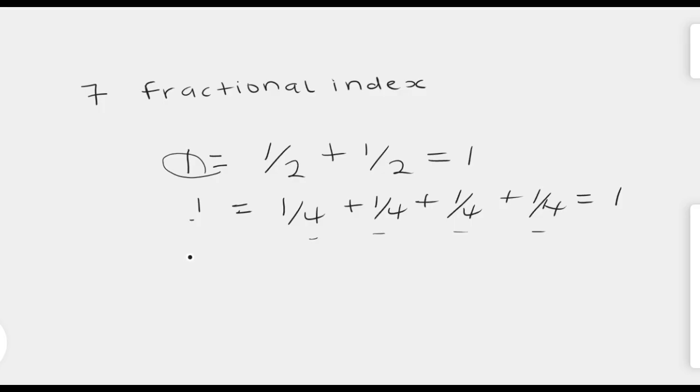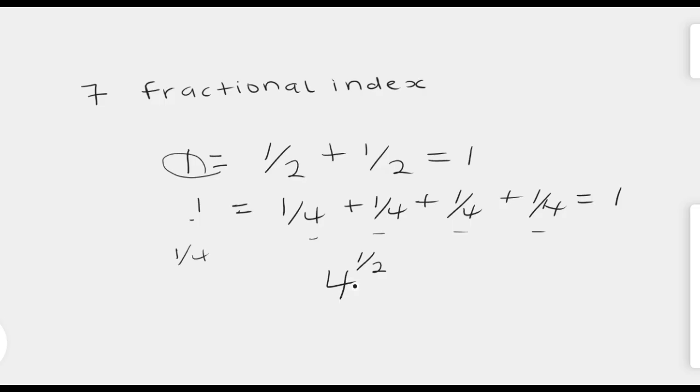So now, showing one part of 1, you can just take 1 over 4. Now let's write it together with a base. Let's say we're given 4 raised to the power of 1 over 2.